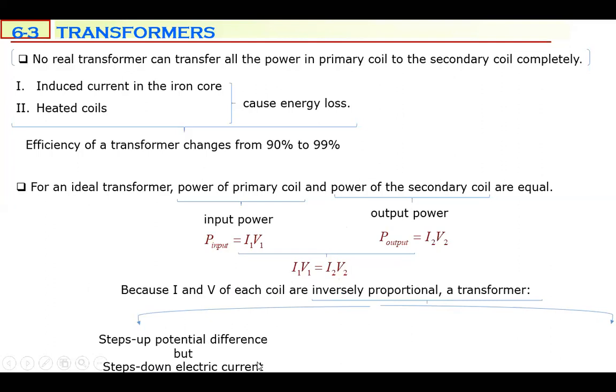So if a transformer steps up, increases potential difference, it's going to step down, decrease electric current. Or opposite, if a transformer steps down the potential difference, it's going to step up the electric current, because I and V are inversely proportional.